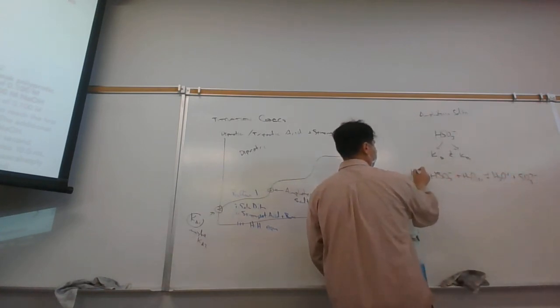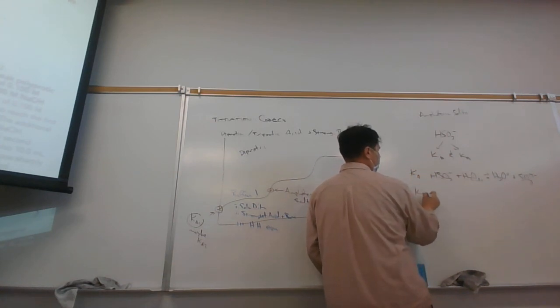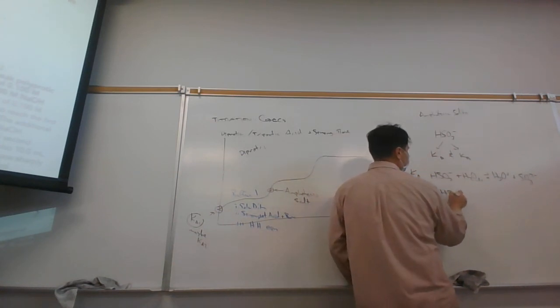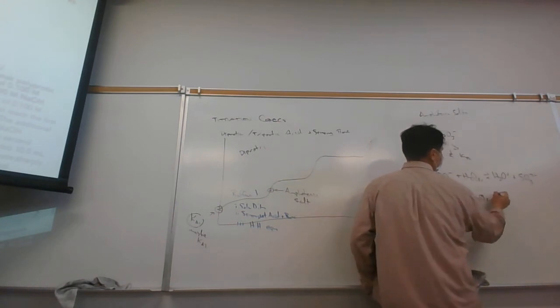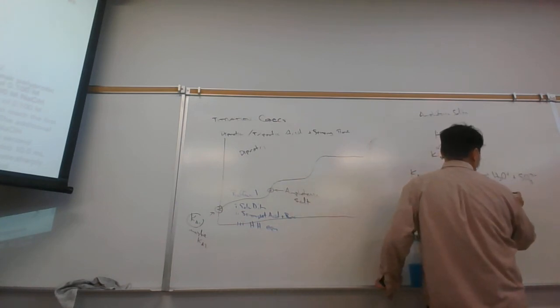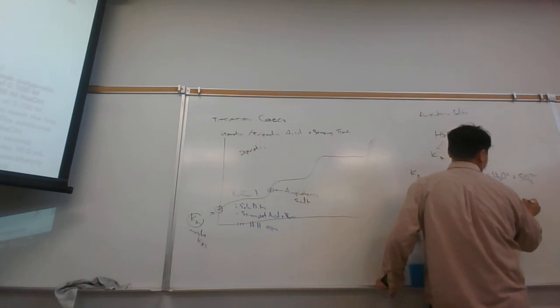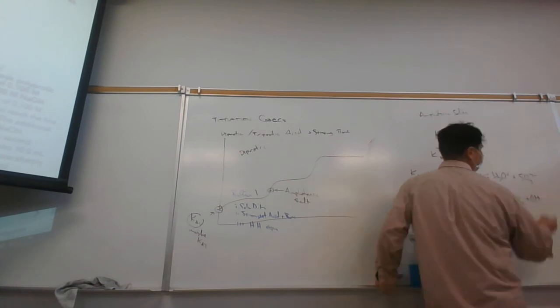This is the Ka. And then the Kb for this: HSO3 minus plus H2O liquid is going to produce H2SO3 plus hydroxide.